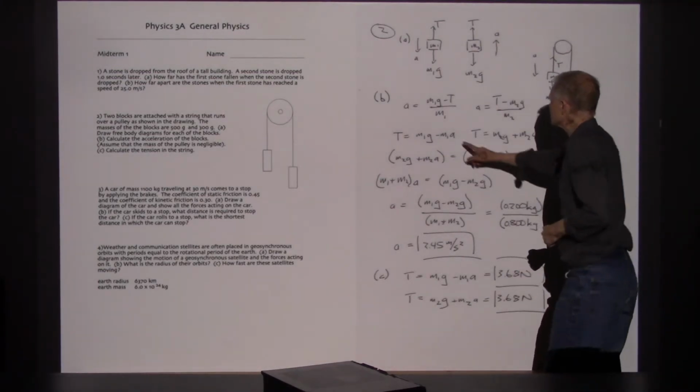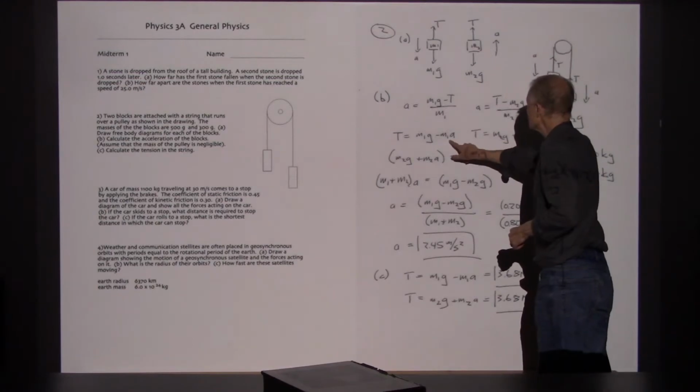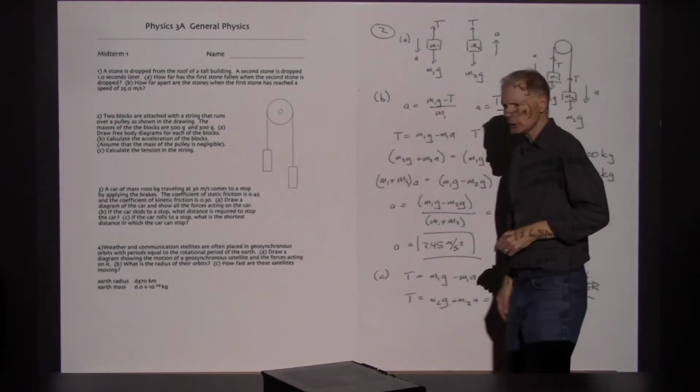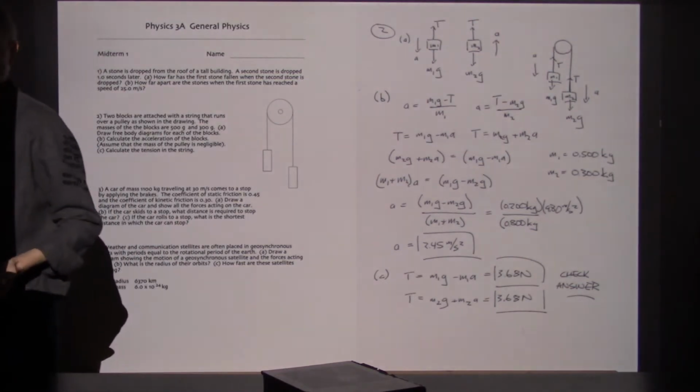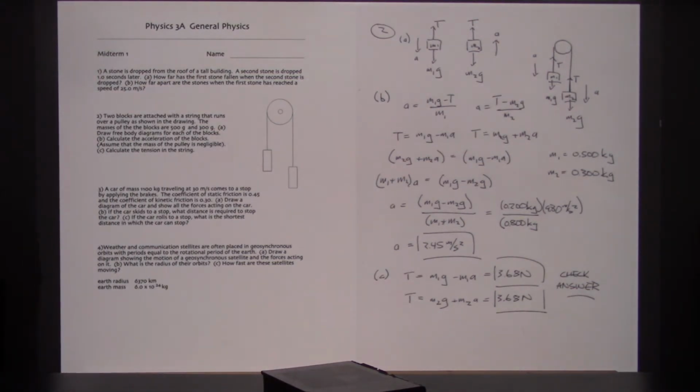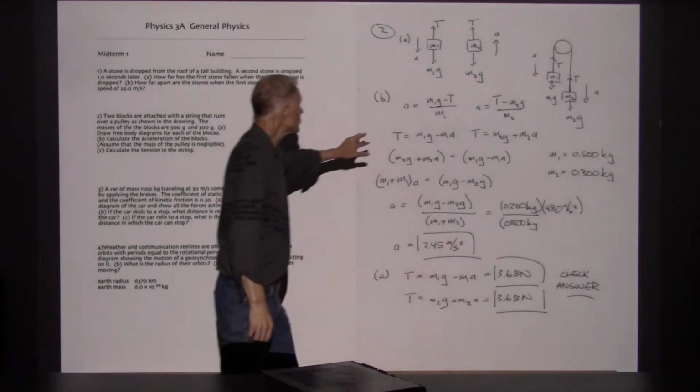I'm going to go ahead and just plug into these equations. I'm going to imagine I'm in midterm mode. If I'm taking the midterm, then I want to take whichever approach is a little faster. So I'm going to take these two equations.